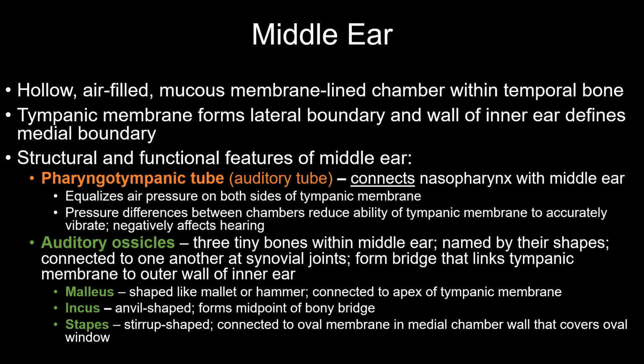So when the tympanic membrane vibrates from sound waves, it is shaking the malleus, okay? Then the malleus actually shakes the incus, or the hammer strikes the anvil, okay? The incus is also called the anvil. And then those vibrations travel from the incus to the stapes, and the stapes is shaped like a stirrup.